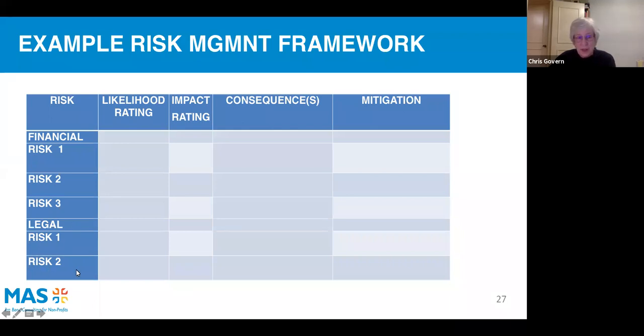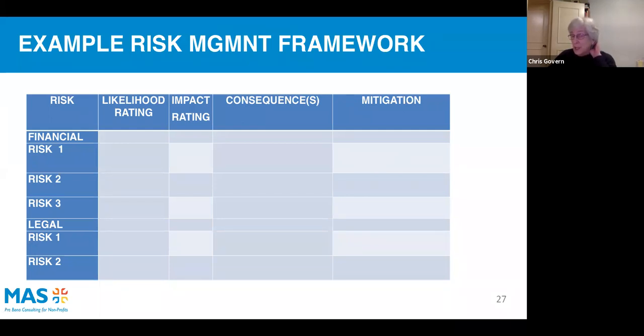These are the risks I've identified. I have a column for the likelihood rating that this risk is going to happen. I have a column for the impact rating if it does happen. I have a column that spells out the consequences. And I have a column that says, here's how we currently mitigate this today. And I'll go through a couple examples of this.